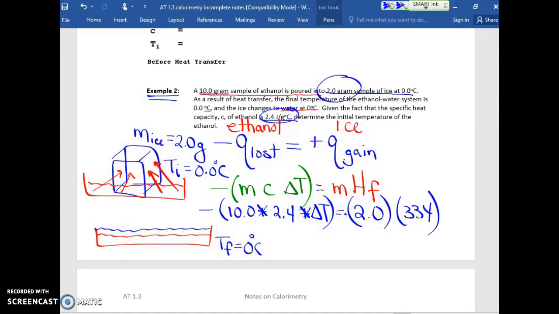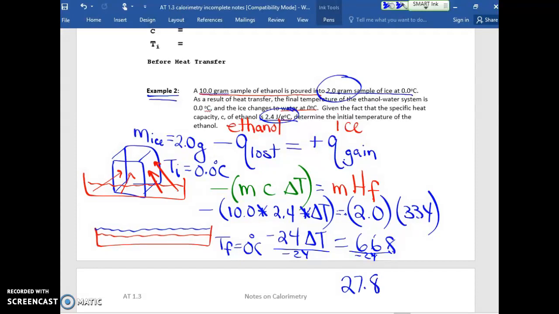Let's do the math. That's mental math even I can do. That's 668 on the right side. And 10 times 2.4 is 24 delta T, and that's negative because it's a negative change in temperature. So I need to solve for delta T, dividing both sides by negative 24. We have 668 divided by 24, which is equal to 27.8.